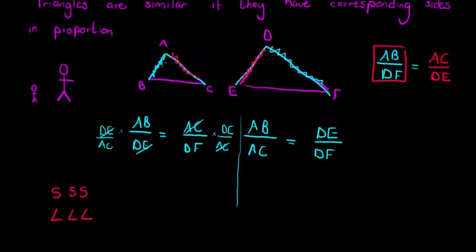So this angle is equal to that angle, these two angles are the same, and this angle is equal to that angle. We call this equiangular. If we have two equiangular triangles, they will be similar. And that is going to be the next proof we're going to look at. Also a quite intense proof.